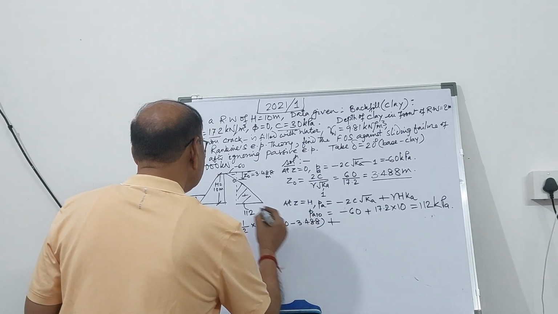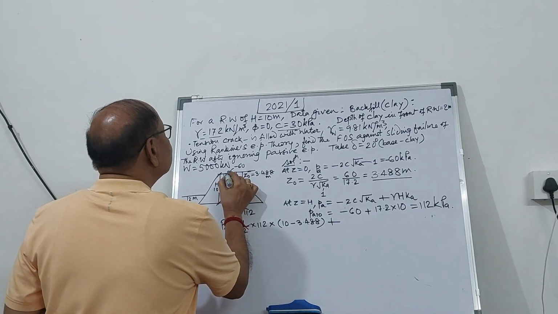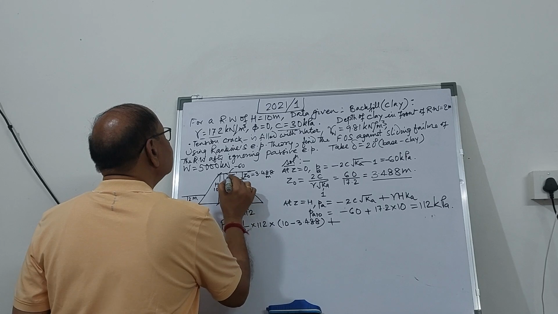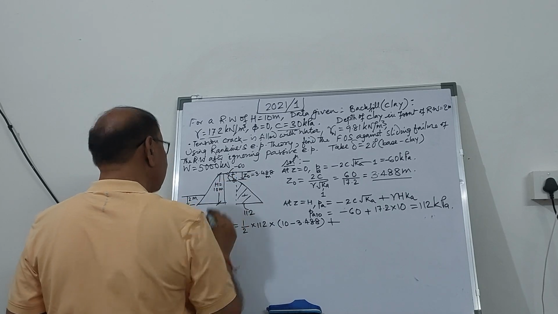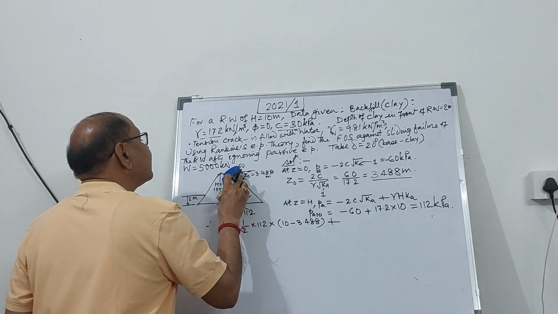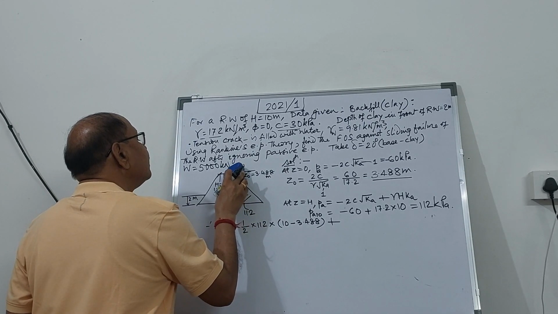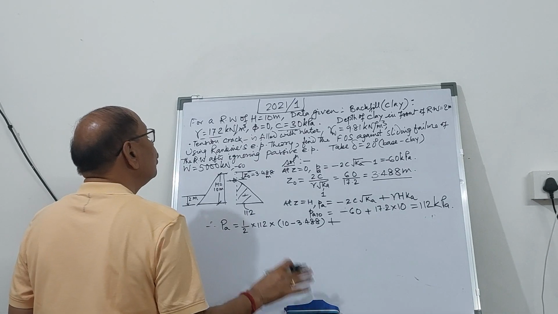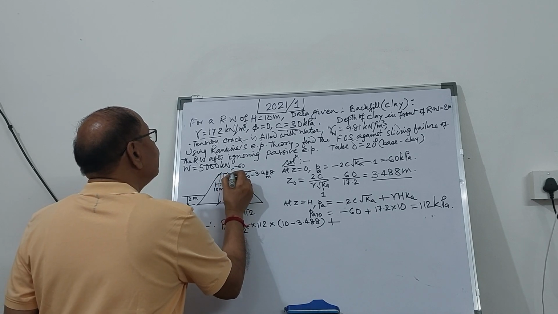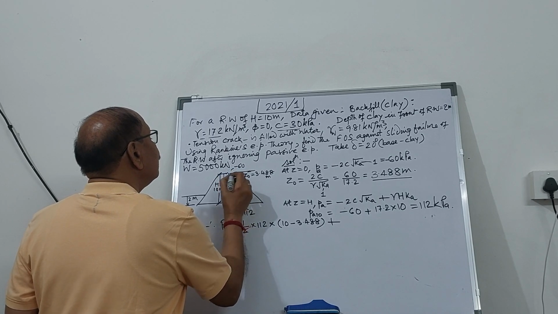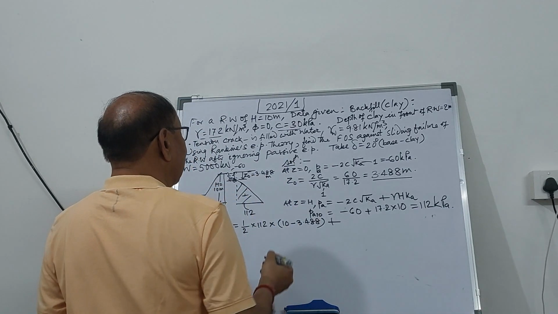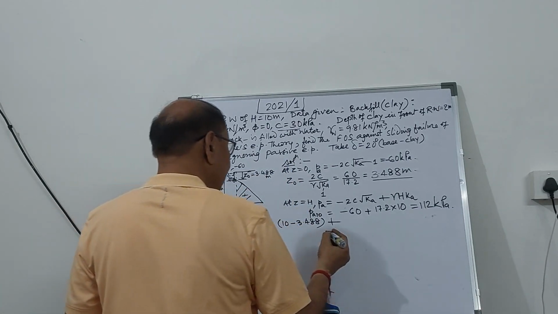Now up to Z0 there will be a tension crack because soil cannot resist this. So in this part there will be a tension crack. You can show that there is a crack here and it is completely filled with water. So this will also add further pressure on your wall.